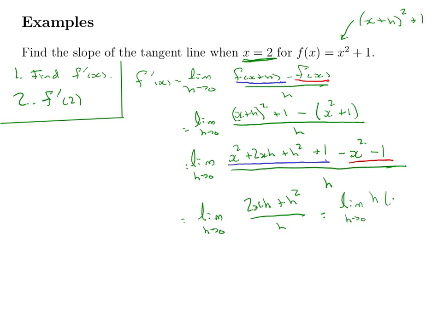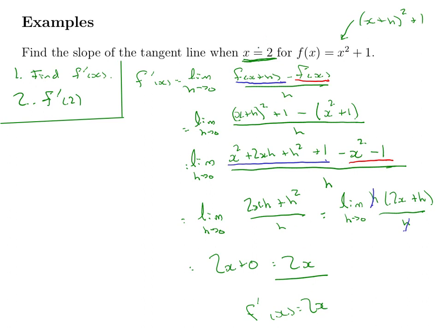That's going to be h times (2x plus h) over h. And now those h's can cancel out. So we're really just left with the limit as h goes to 0 of 2x plus h, which if we put in 0 for h, we've got 2x plus 0, which is just 2x. That's f prime of x.